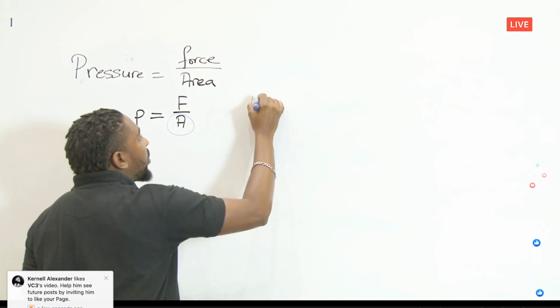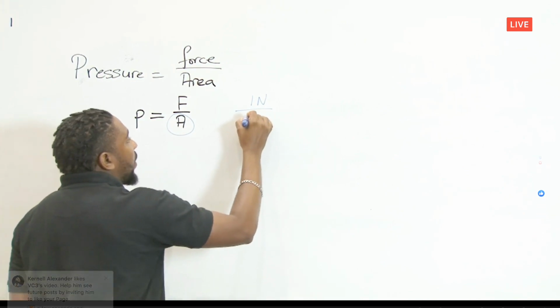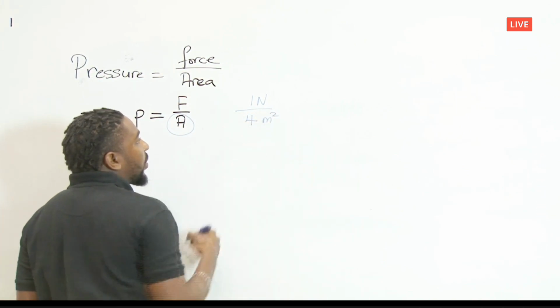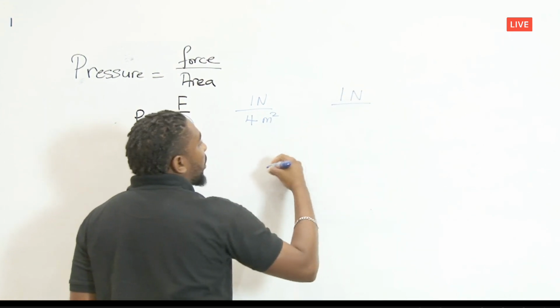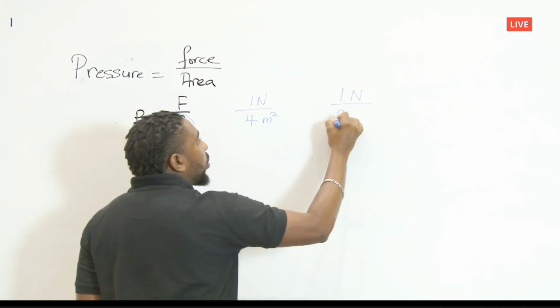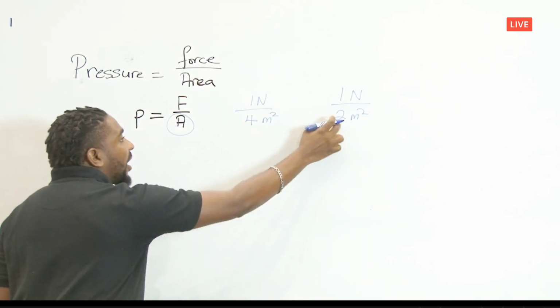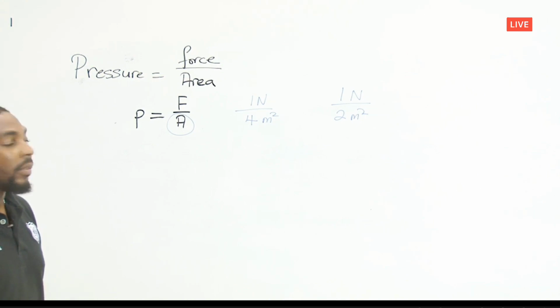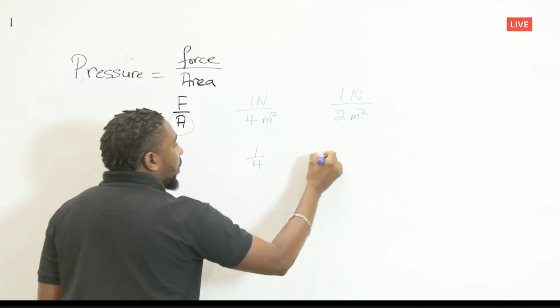For instance, if we keep the force constant, let's say we keep the force at 1 Newton, and we look at the area being 4 meters squared, compared to if we had a force of 1 Newton acting over an area of 2 meters squared. Which of these fractions is the larger?